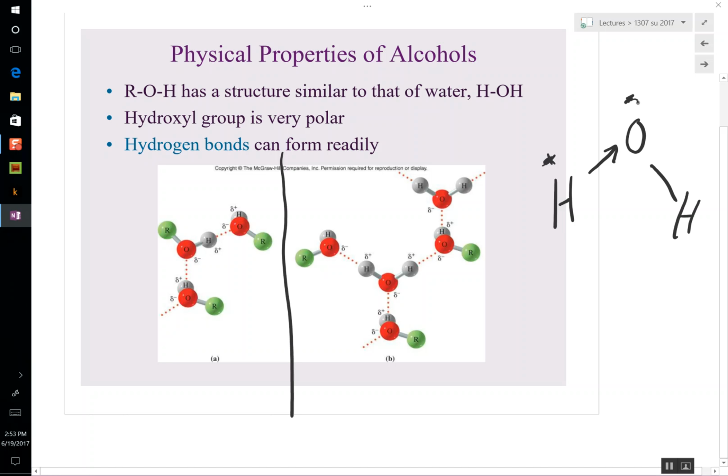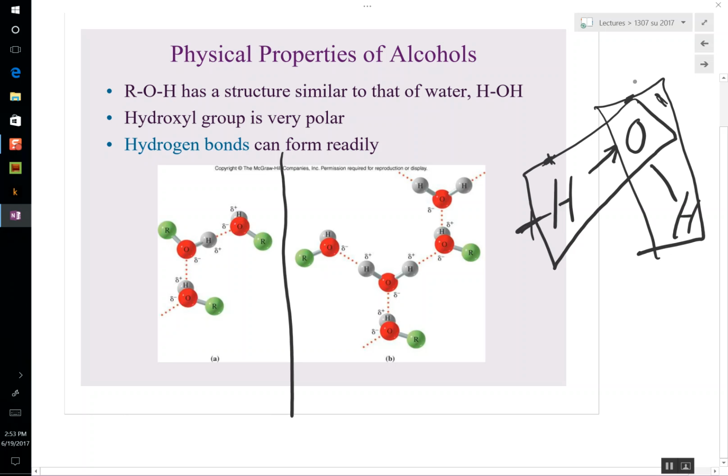And so that is a polar bond. It's got a negative end and a positive end. Well, if you take one of those hydrogens off there and put a carbon, it still means that that HO bond is polar.